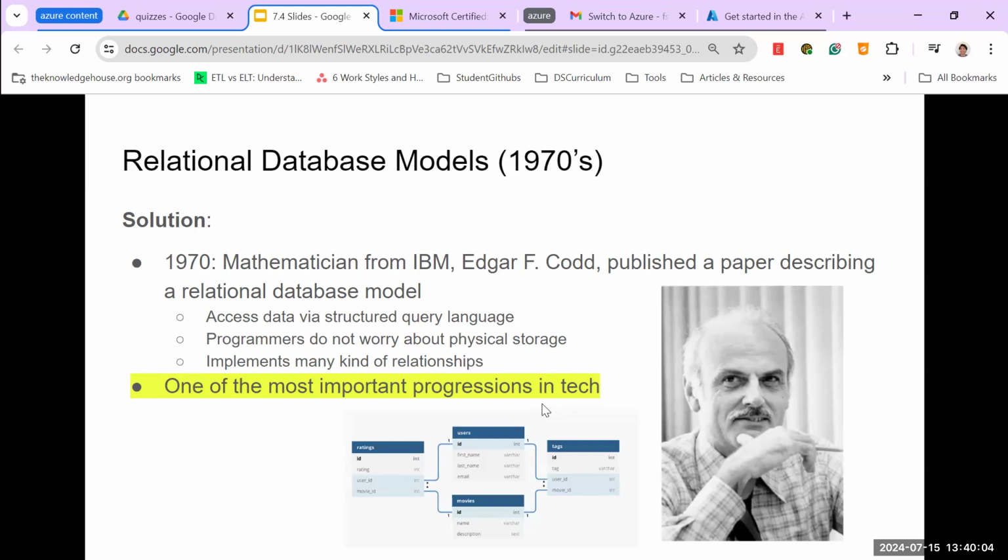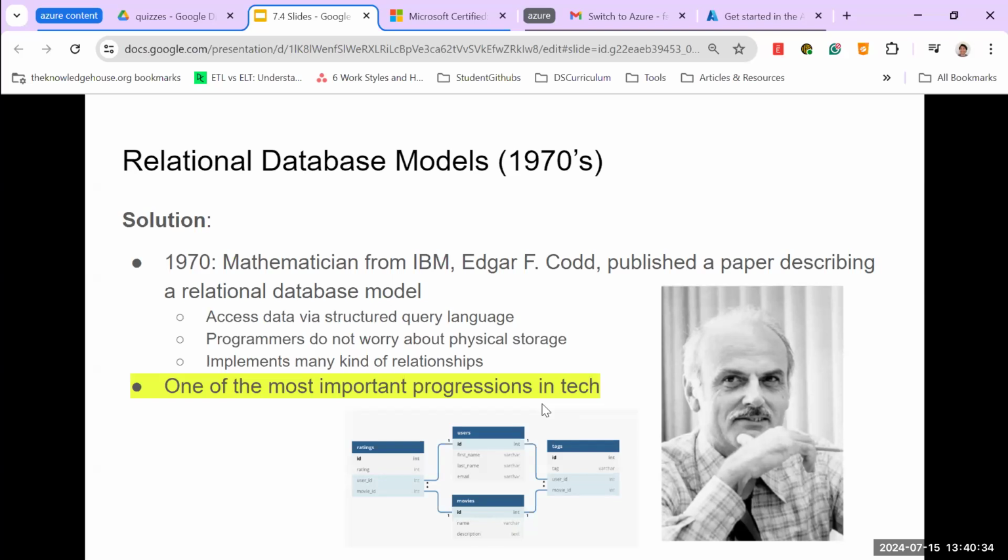Now, I don't mean to be too dramatic, but this is probably one of the most important progressions in the world of tech. I would argue more important than LLMs, more important than Python, maybe not more important than C, the first, I guess you could call it von Neumann style language, but super, super important. It seems like an obvious idea now, but I would say that's the genius of it, right?